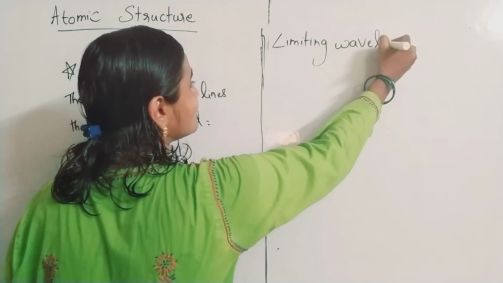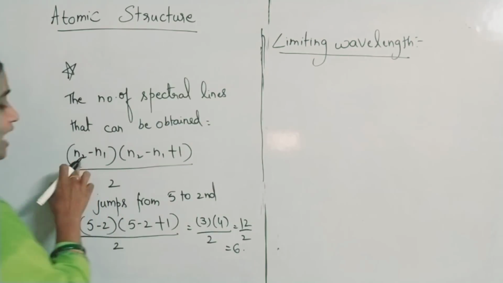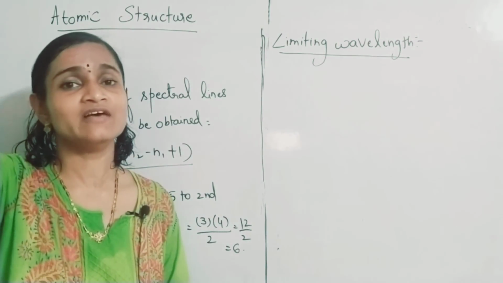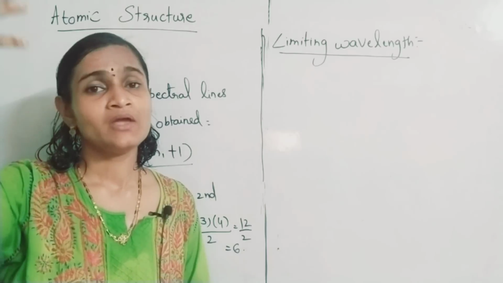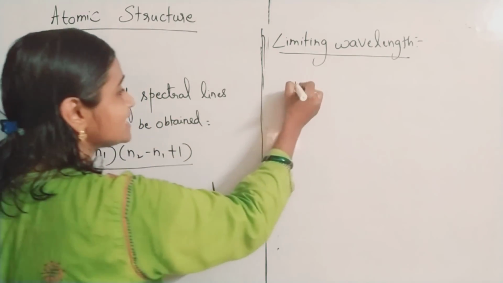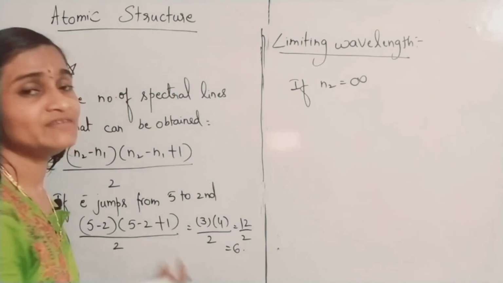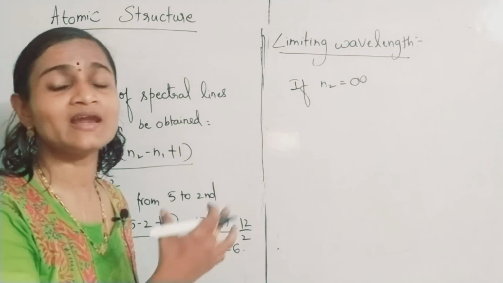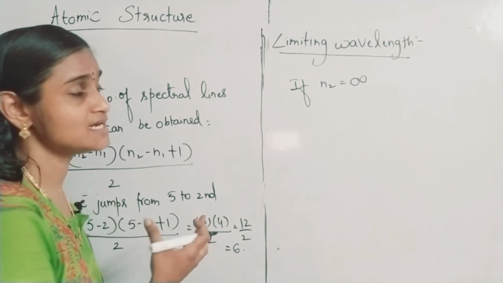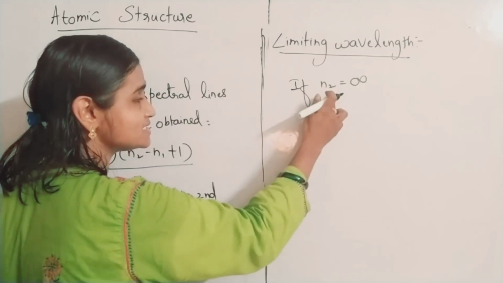If the higher energy level is at infinity, that is, if N2 is equal to infinity, then the wavelength of the spectral line so formed is called limiting wavelength. Please understand the point. If N2 is infinity, you have to recall the Rydberg equation for this.